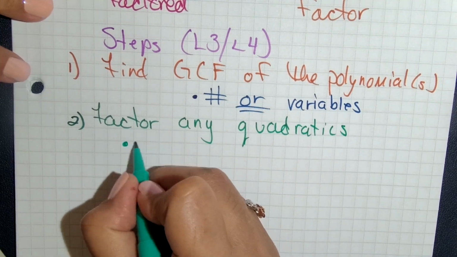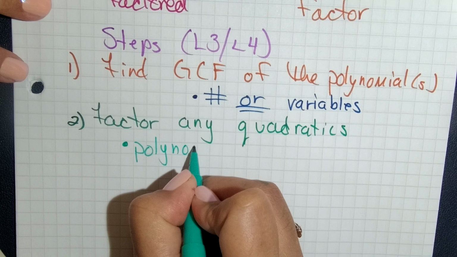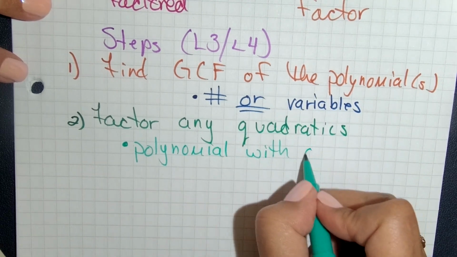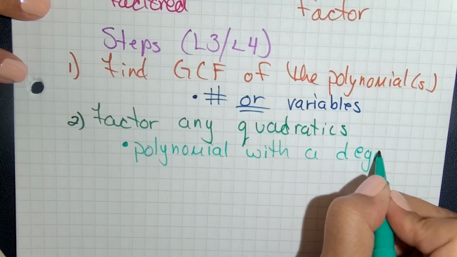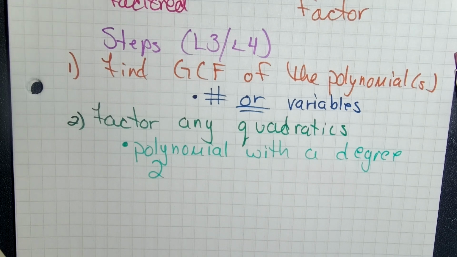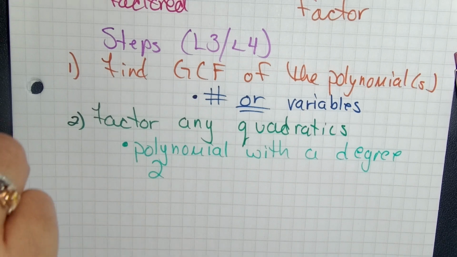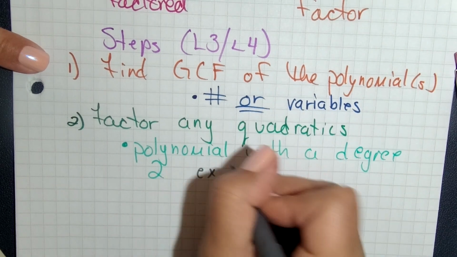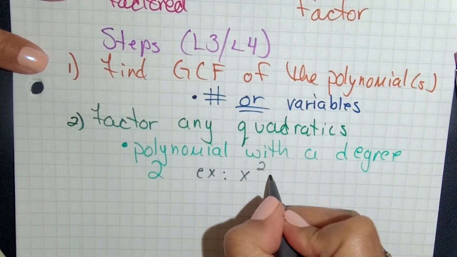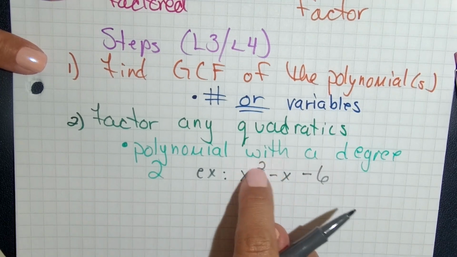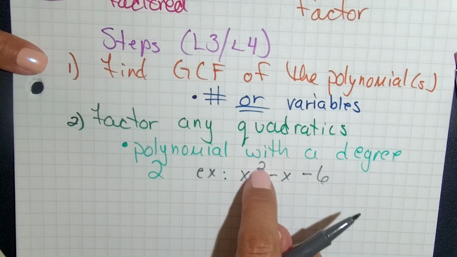A quadratic is a polynomial with a degree 2. But Miss Santana, I still don't understand. Can you give me an example? Sure. So here is an example: x squared minus x minus 6. This is a quadratic because the highest degree, the highest exponent, is 2.